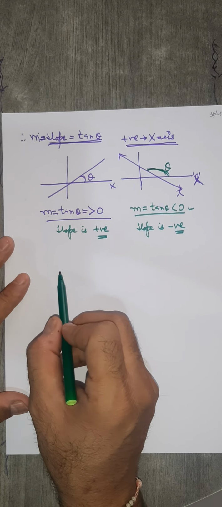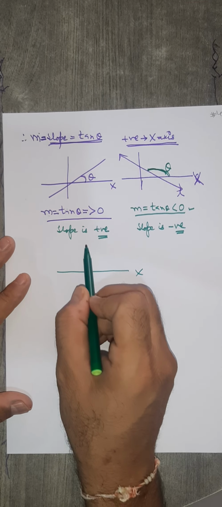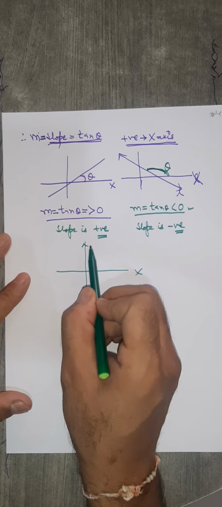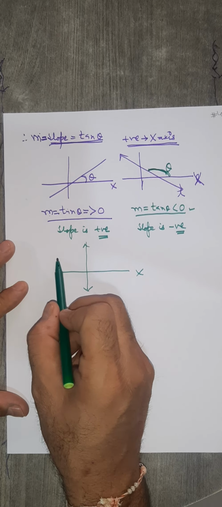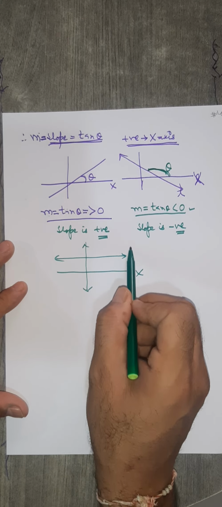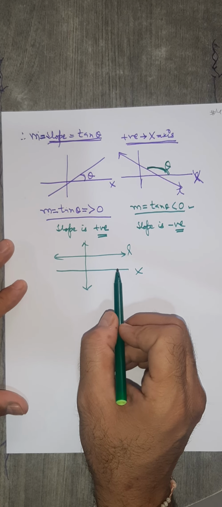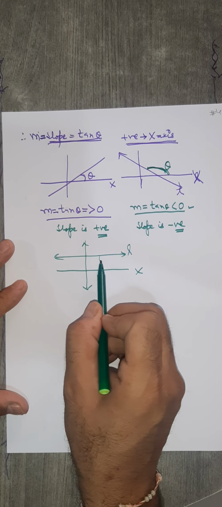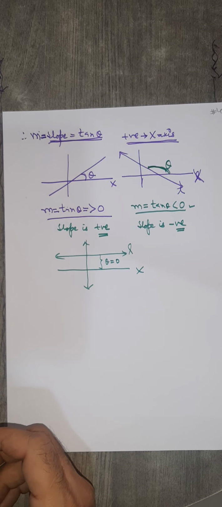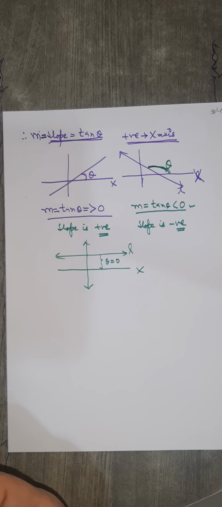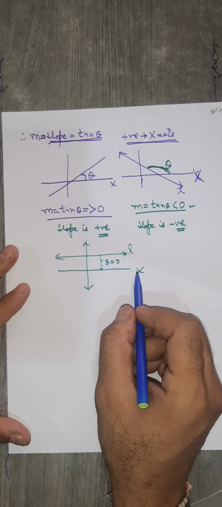Or suppose the line is like this, parallel to the x-axis. This is the x-axis, this is the y-axis. What's the angle with the x-axis? Obviously theta equals 0. Or you can say that it has no rising, or no inclination with the x-axis.